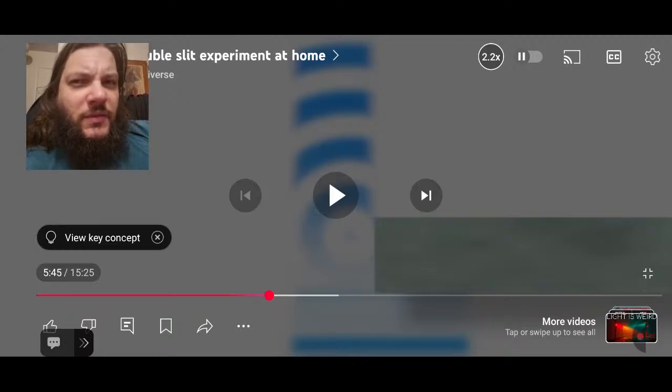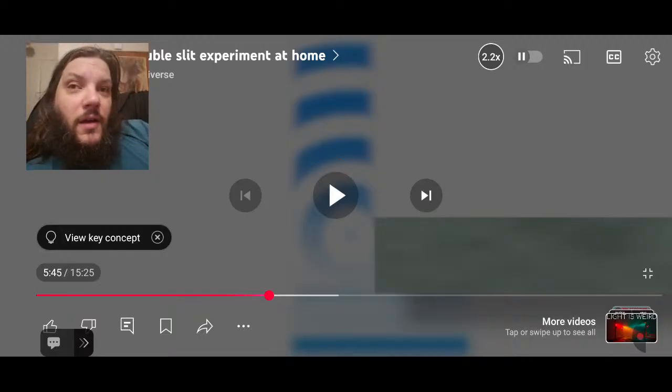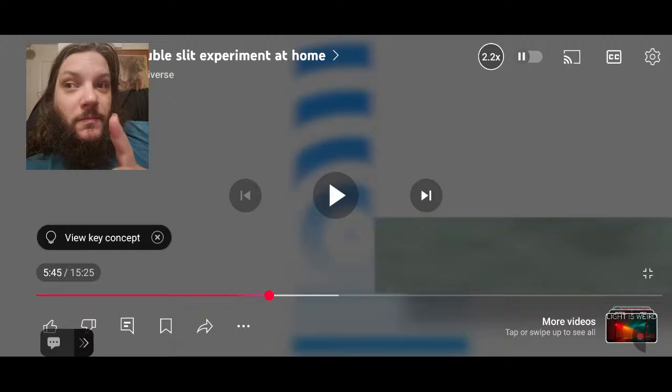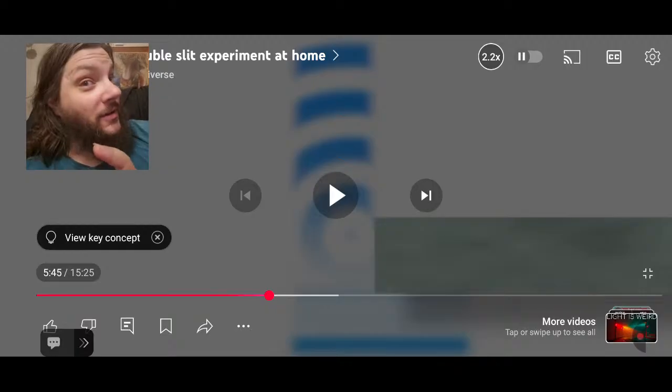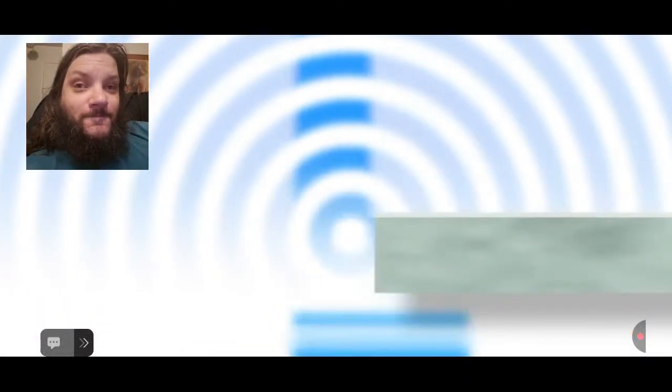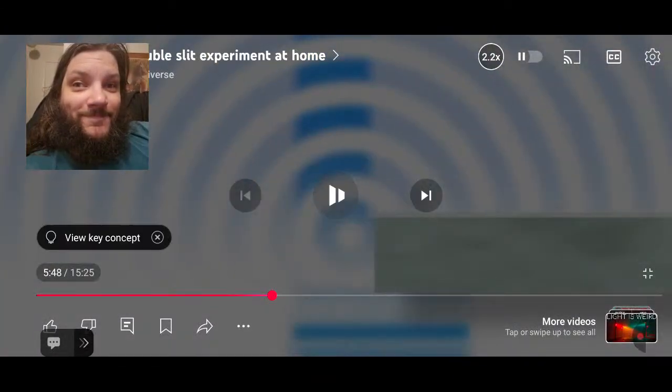It's interesting that this is what's happening in the double slit experiment also, simply because between the two slits is a barrier. Does it matter if it's a closed off slit or an open slit? I don't think so. Part of the wave goes straight, but the rest of it bends and spreads out.